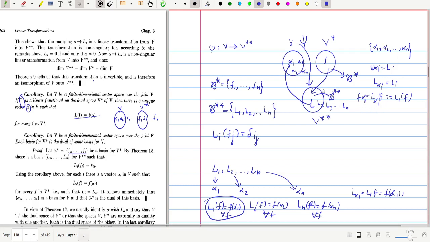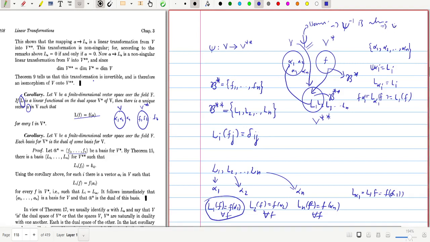So these are the pre-images of L1, L2, ..., Ln under this psi. This psi is an isomorphism, so psi inverse is also an isomorphism. So psi inverse is one-one, or non-singular.